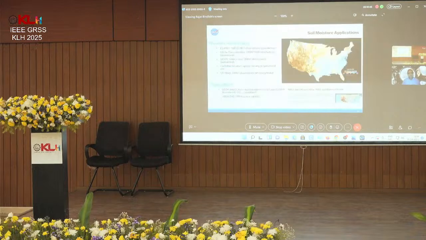Some of the other applications that we go over briefly include weather forecasting. ECMWF, which is a big operational forecasting system, is using soil moisture observations from, in this case, SMOS, and USFS and GMAO are using SMAP observations operationally.